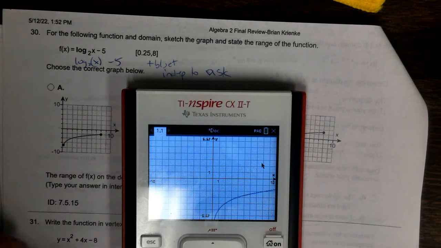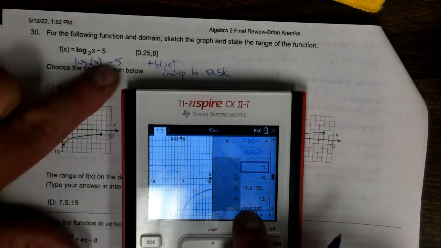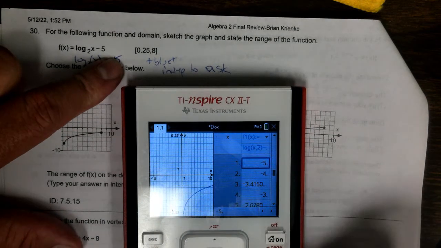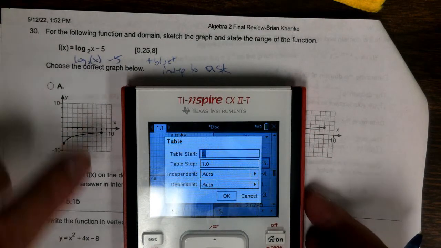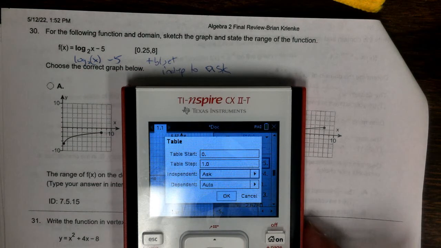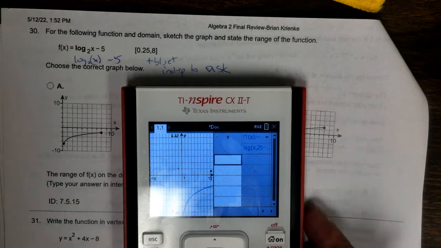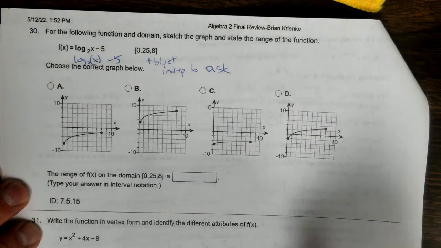Okay, then we go to our table, and notice 0.25 doesn't show up in here, so we have to go to our table settings and then change independent to ask, and then we put 0.25 and then we put 8. So -7 and -2 are your answers.